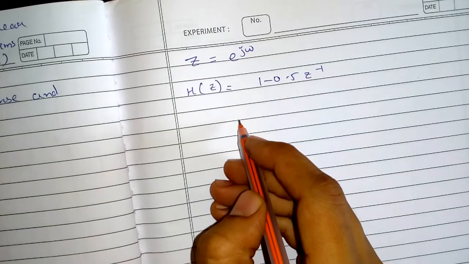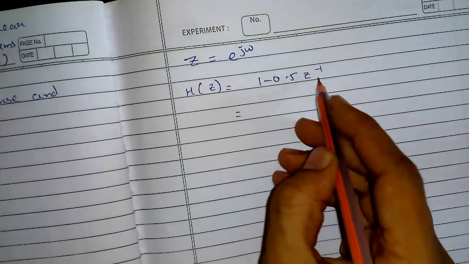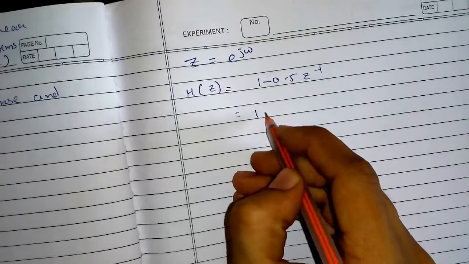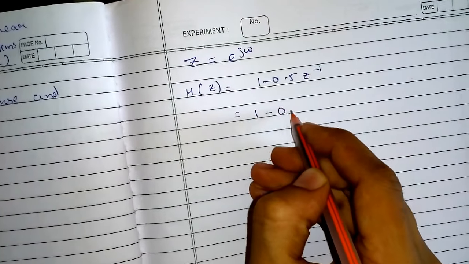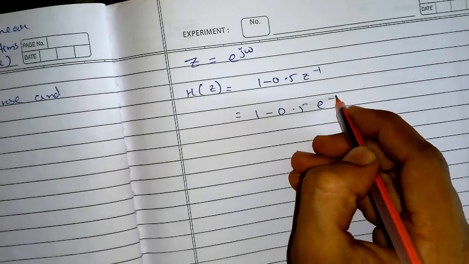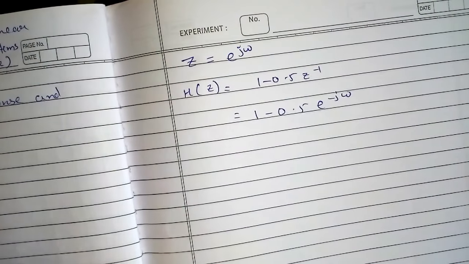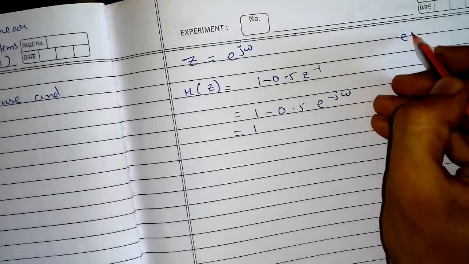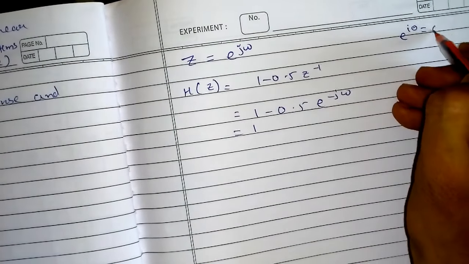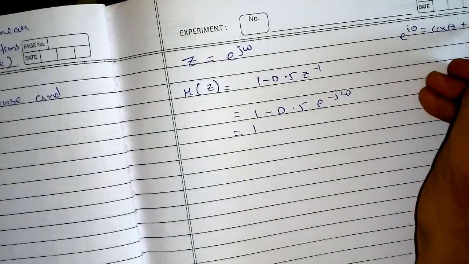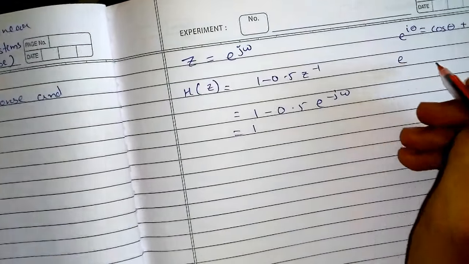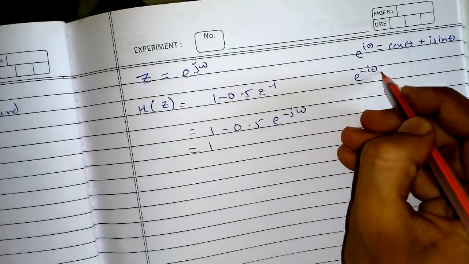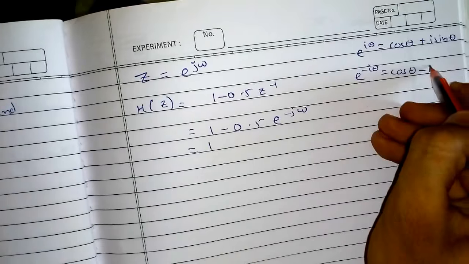Now in place of z inverse, I will put e raised to minus j omega. And you all know that e raised to j theta is cos theta plus j sin theta, and e raised to minus j theta is cos theta minus j sin theta.